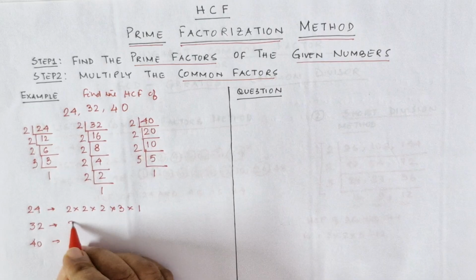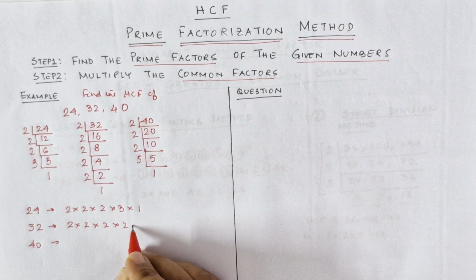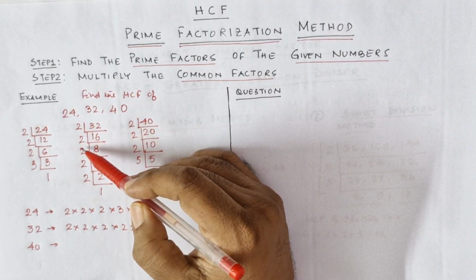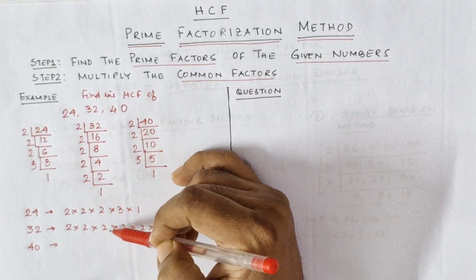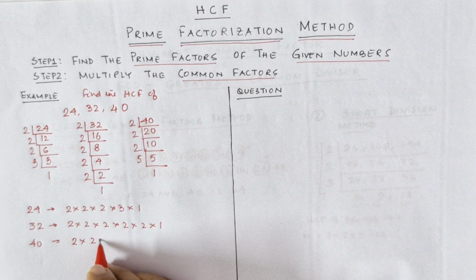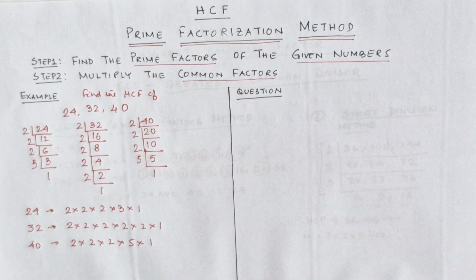For 32, 2 multiplied by 2 multiplied by 2 multiplied by 2 multiplied by 2 and multiplied by 1. So 1, 2, 3, 4, 5. For 40, 2 multiplied by 2 multiplied by 2 multiplied by 5 and multiplied by 1.